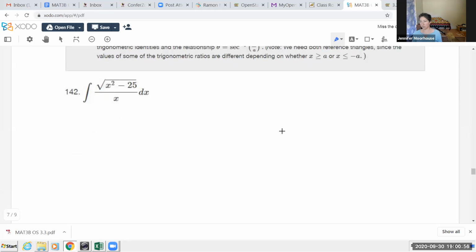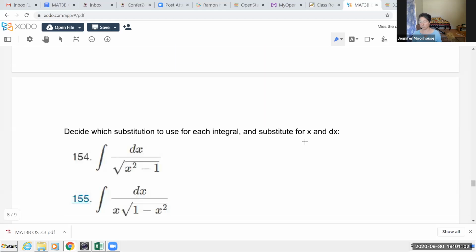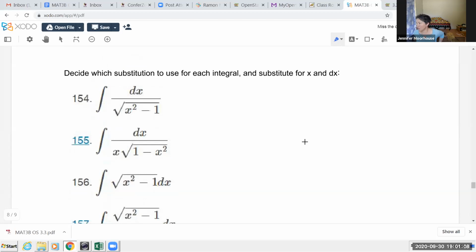All right. So I think we'll skip this one and just go to, because sometimes the harder part is figuring out which method to use when you're looking at an integral, like which type is it?